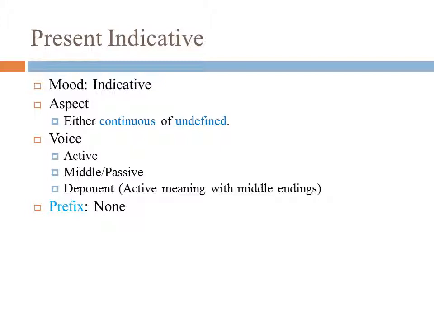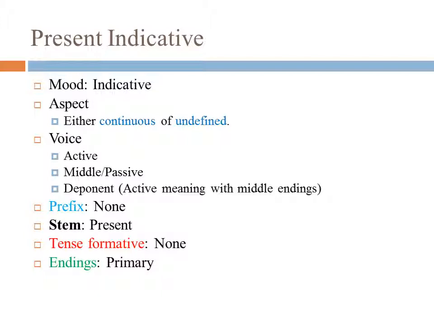And the deponent, which is really middle passive, but it's really a verb that has active meaning but which has middle endings. And we're going to know that from our vocabulary. If our vocabulary has a deponent ending on it, we're going to begin there. The prefix, it has no prefix. The stem is present.